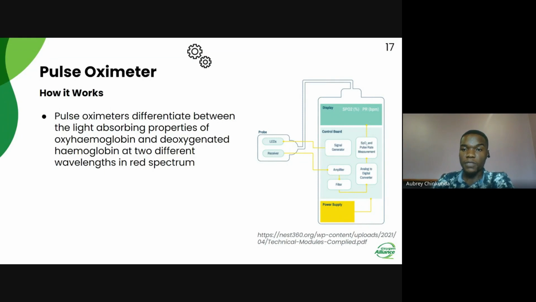So pulse oximeters basically differentiate between the light absorbing properties of oxyhemoglobin and deoxyhemoglobin at 2 different wavelengths in the red spectrum. And it uses this difference and changes in the local blood volume to calculate the saturation of oxygen in the blood.